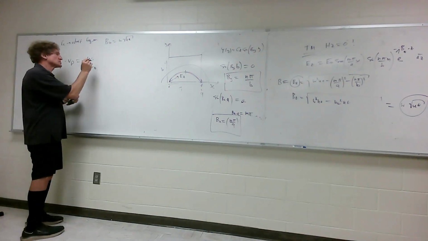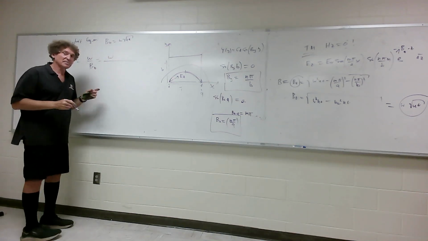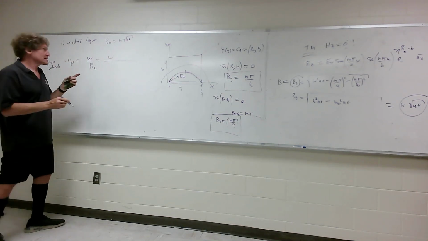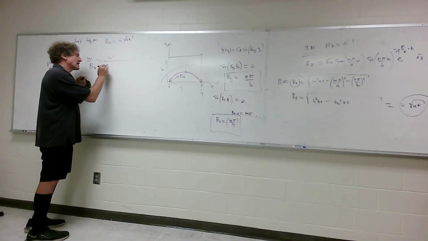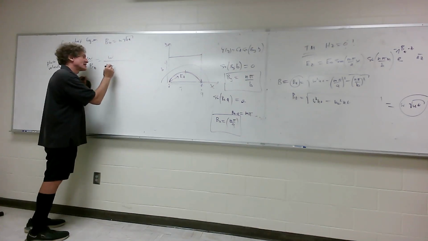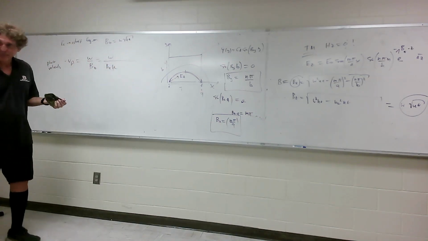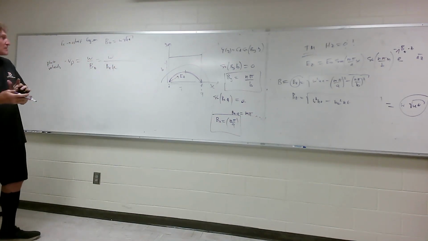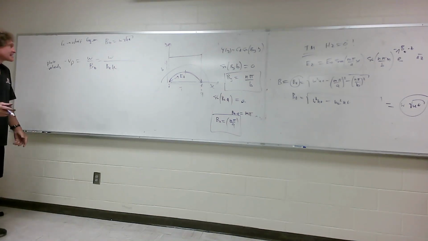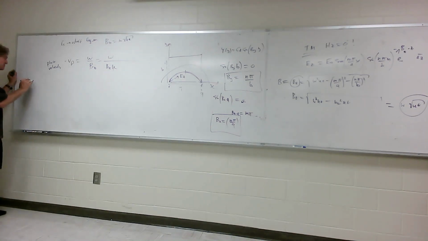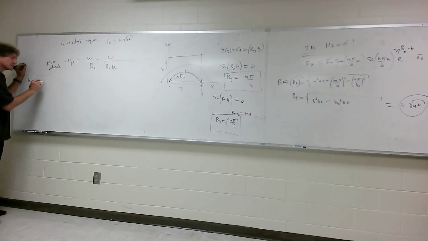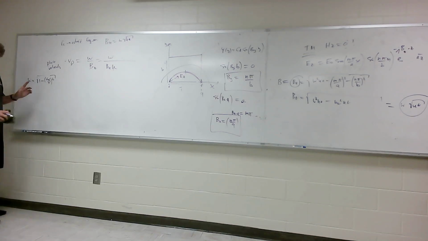So it's equal to omega over beta z, and beta z is equal to beta unguided times k. And what's k? K is equal to the square root of 1 minus (fc over f) squared. Remember, you have to get these in the right order: fc's on top. It's less than f because f has to be greater than that for propagation.